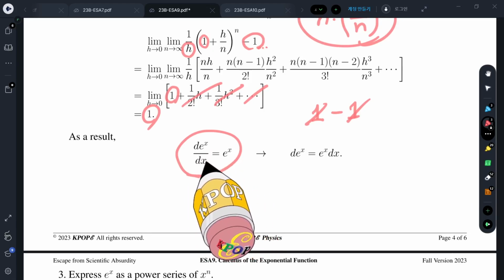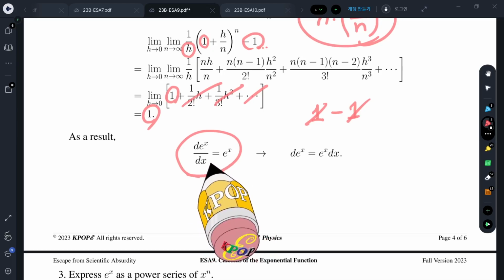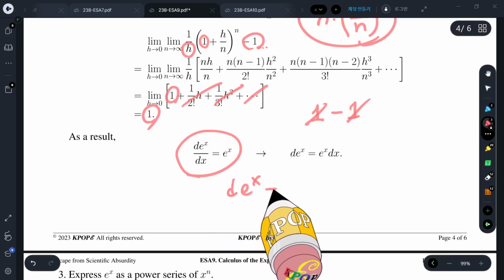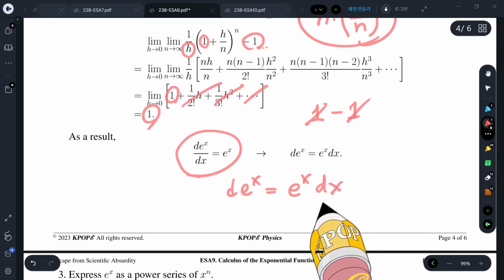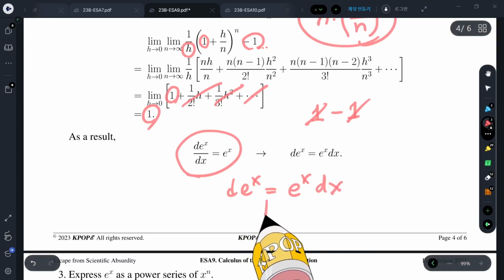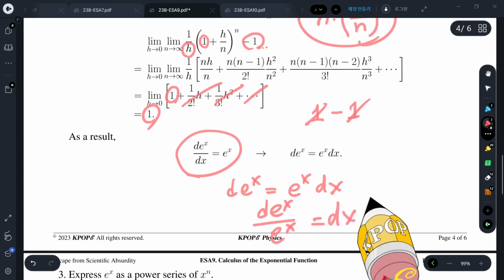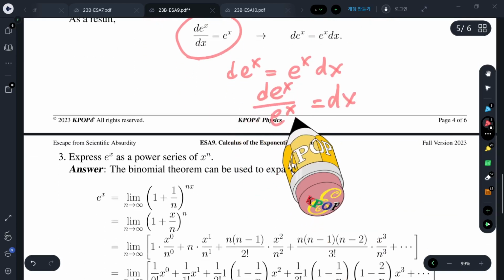Why don't we rewrite this by multiplying the differential dx on both sides? Then we arrive at this form. Why don't we express it in this manner? Aha, we want to find the integral of this.